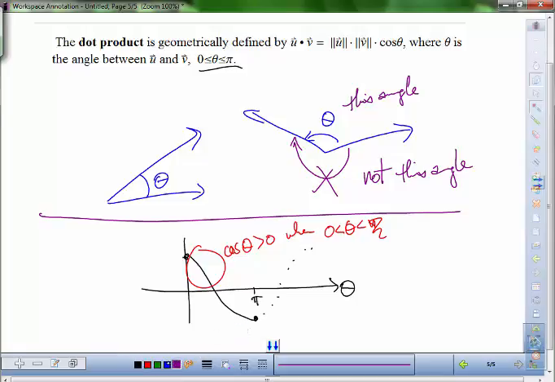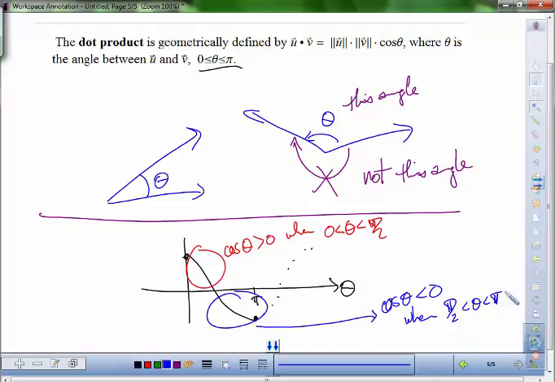On the other hand, cosine of theta is less than 0 when your angle is between pi over 2 and pi. So there you have an example of a dot product that's negative.